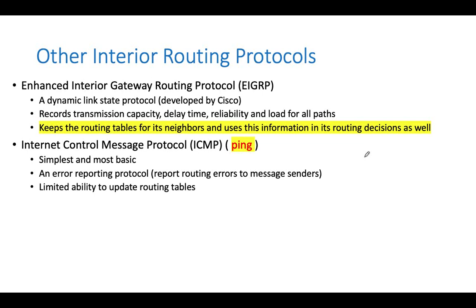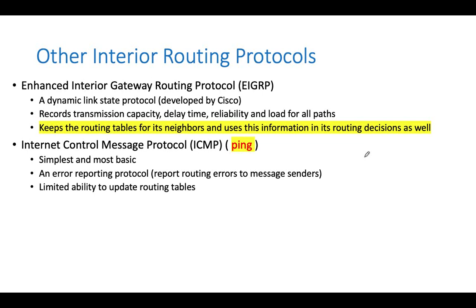By the way, Bellman-Ford usually focuses on the neighbors only. So you keep the routing table for your neighbor, and you try to find out from your neighbor which is the best way to go.